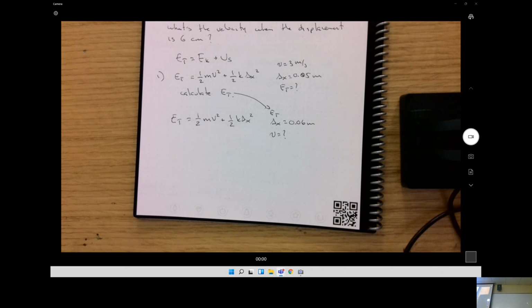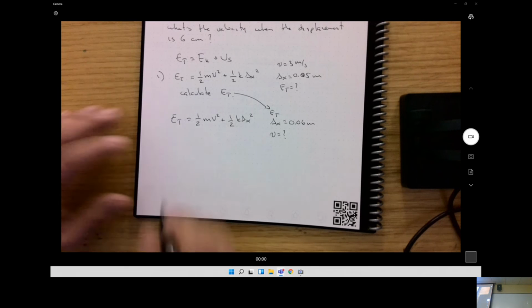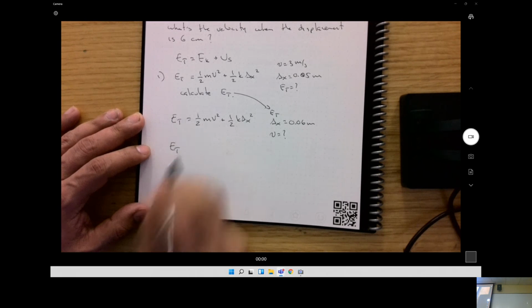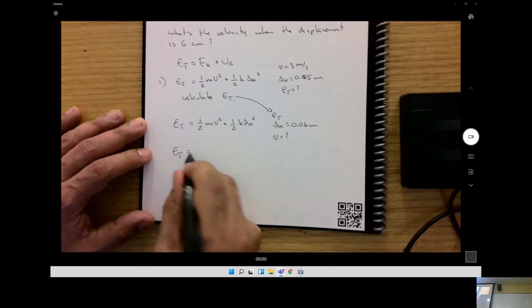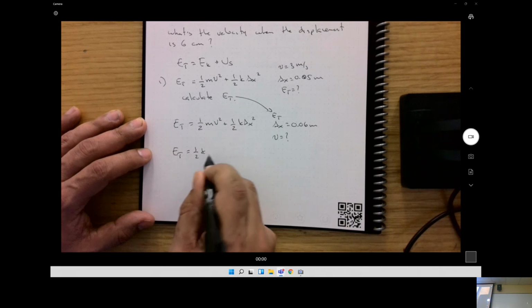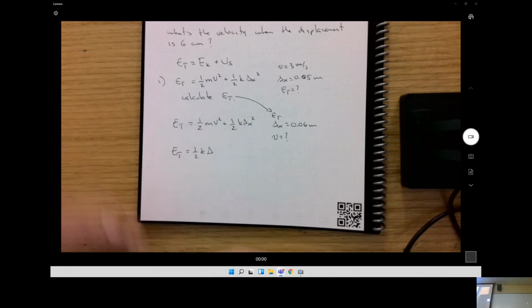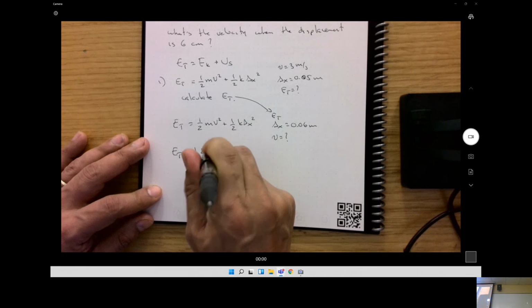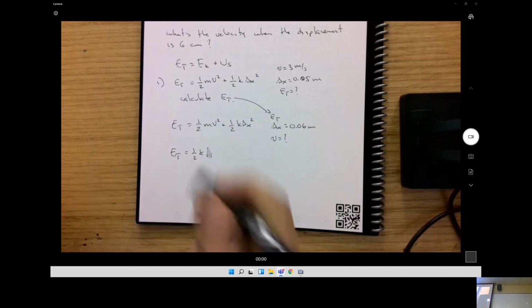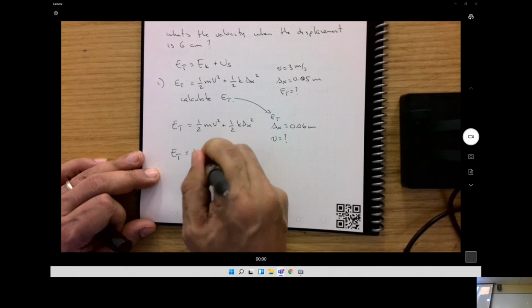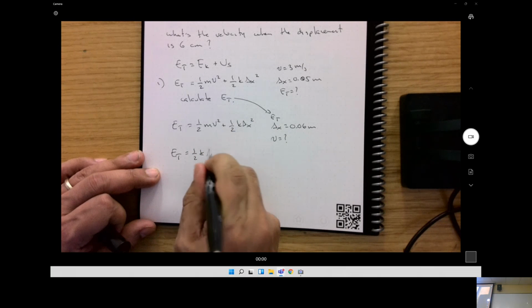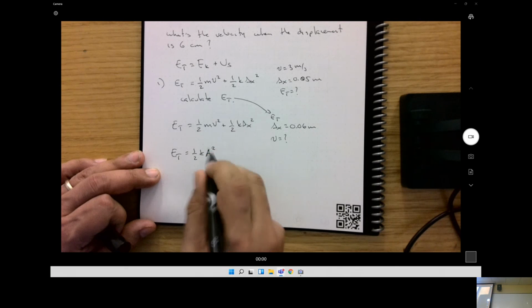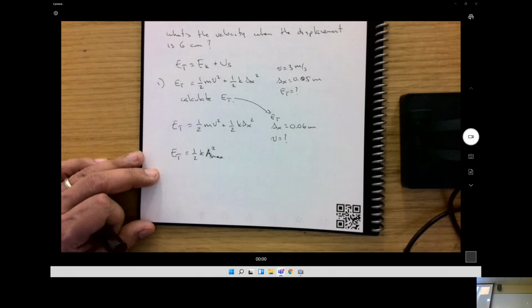Okay, if I were to ask you for the maximum amplitude, well, same thing. I know the total energy. I know that the total energy is going to be 1/2 of k times the maximum amplitude squared.